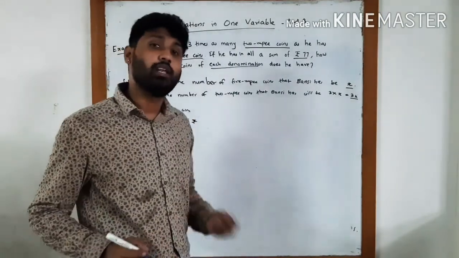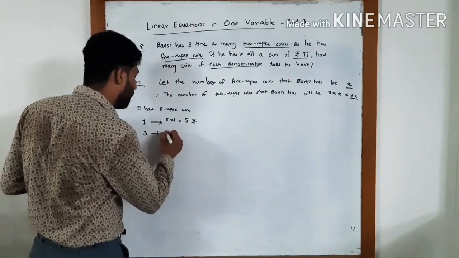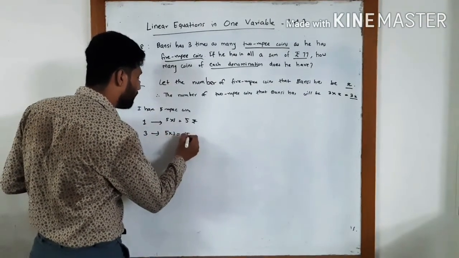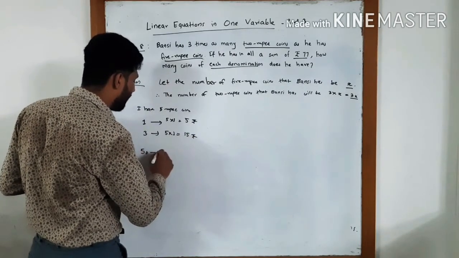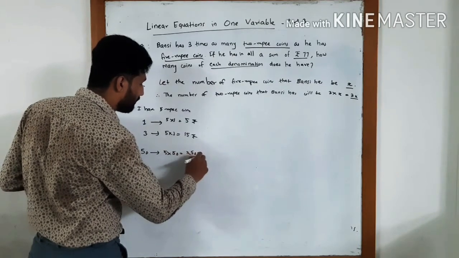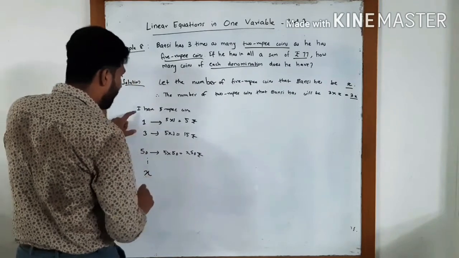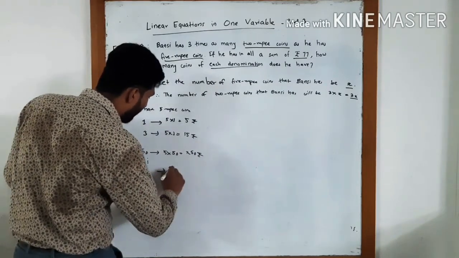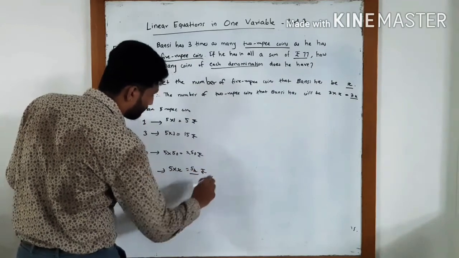Suppose I have 3 5 rupee coins. I will have how much money? 5 into 3, which is 15 rupees. If I have 50 5 rupee coins, I will have 5 into 50, which is 250 rupees. So if I have x 5 rupee coins, I will have 5 into x, which is 5x rupees.